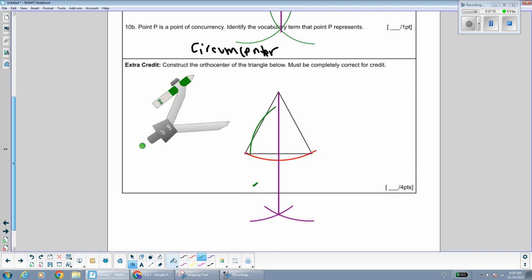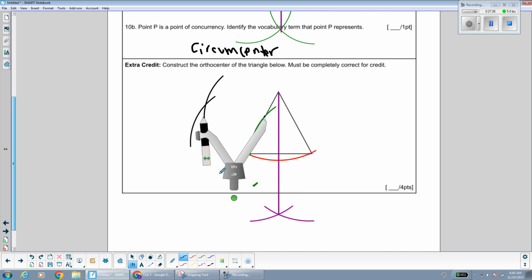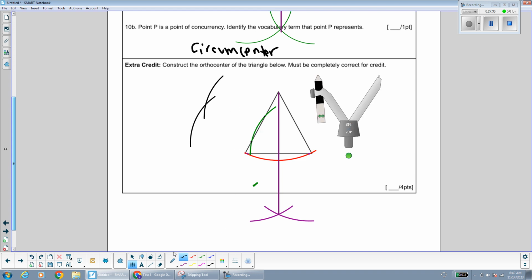Okay, so now I have my 2 points where it intersects the side of the triangle. So I'm going to go over to 1, put an arc, and then using the same measurement as best as I can, I'm going to match it up to that point and make the same arc. Oops. This is going everywhere. Okay, right through those intersection points, I'm going to draw my altitude to the opposite vertex, and there's my orthocenter.